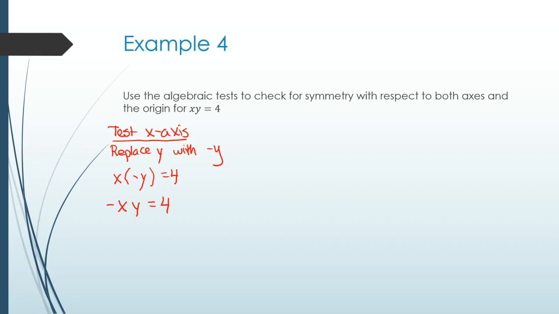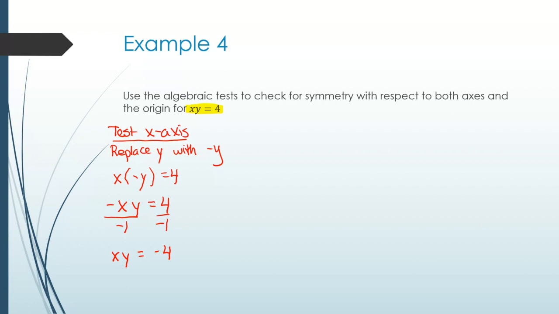The right side's the same, but not the left side. If I divided both sides by -1 to get rid of that negative on the left, I now have xy equals -4, which is not the same as the original equation, because the original equation has +4. So you're looking, can I get that same equation back once I've replaced y with a negative y?